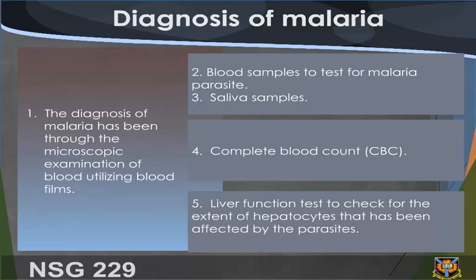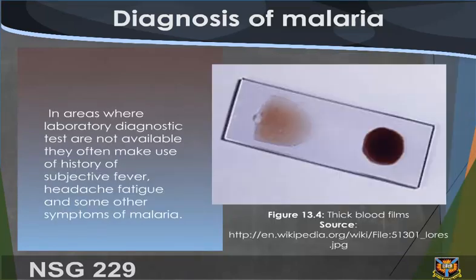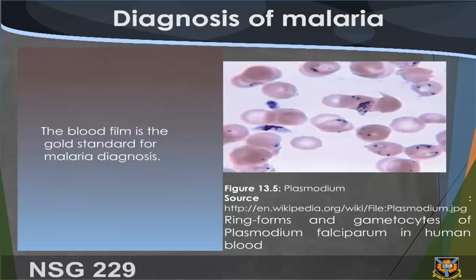Liver function test to check for the extent of hepatocytes that have been affected by the parasites. In areas where laboratory diagnostic tests are not available, they often make use of history of subjective fever, headache, fatigue, and some other symptoms of malaria. The blood film is the gold standard for malaria diagnosis.